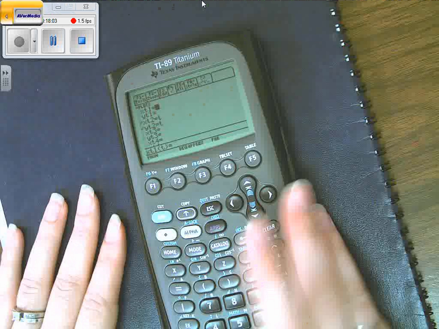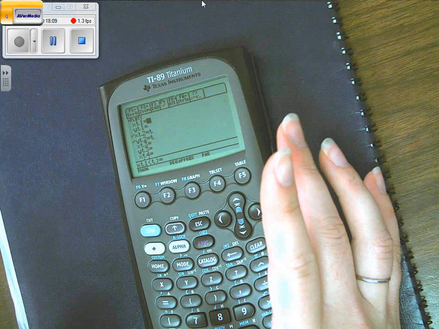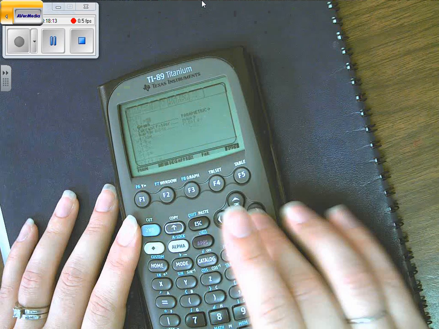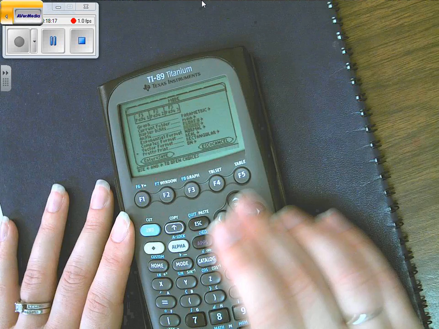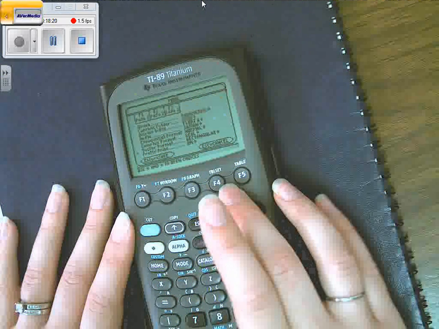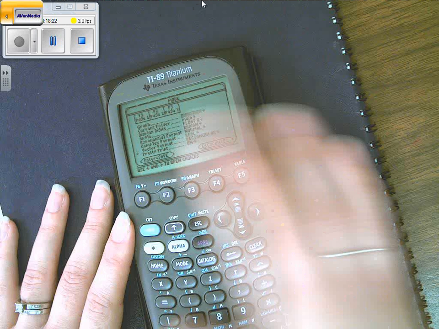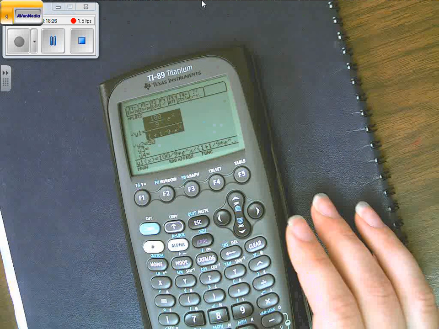I'm going to do this not in parametric format, so I'm going to change my mode back to function format, and also to radians. Because I just want to solve the equation, the way I always solve equations.